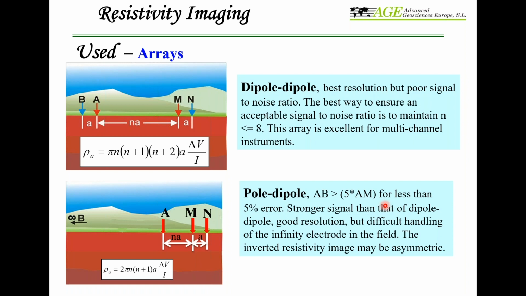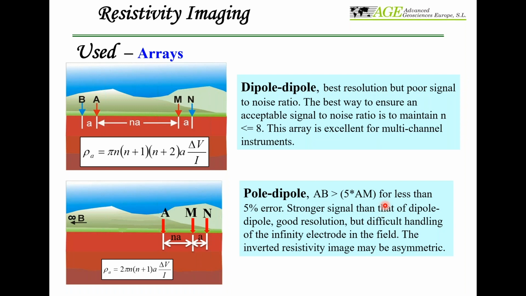If you do gradient, you have the current at the beginning and at the end of the line, and you're trying to measure in the middle. Geometrically, it's not the same sensible, high resolution information you get when you use dipole-dipole. So dipole-dipole is the best array type to use in this kind of study.